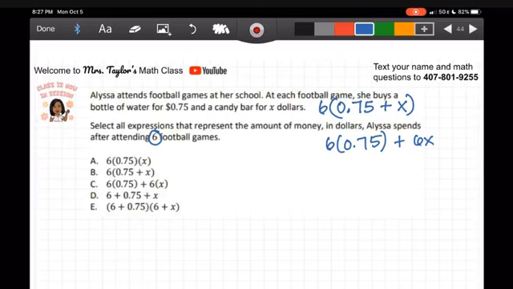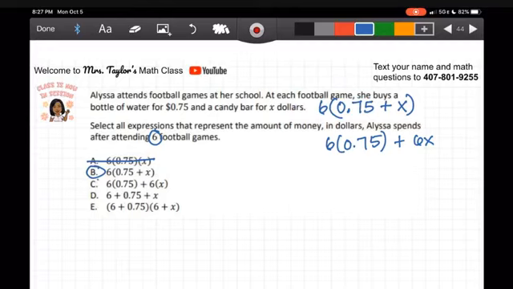So let's look at our answer choices. This has 6 times 0.75 times x. We don't need that one. We get rid of that. The next one is 6 times 0.75 plus x. That's a good one. That's one of our choices. And then the next one is 6 times 0.75 plus 6 times x.